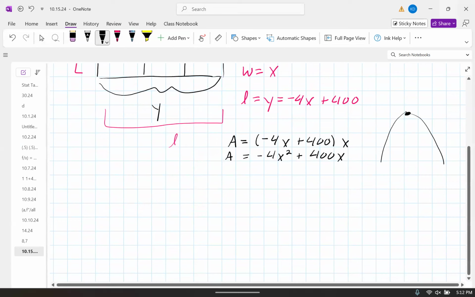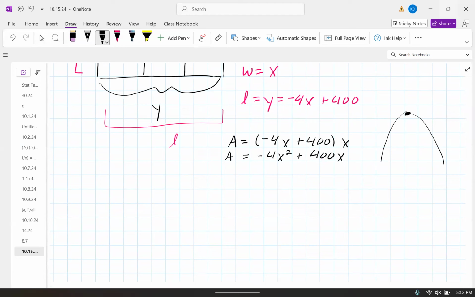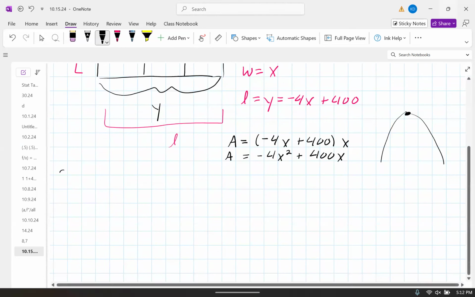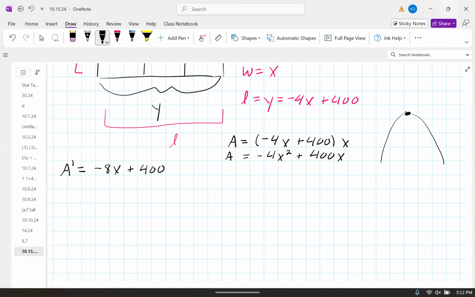All right, we should be really good at finding derivatives. At least I hope so. So find a derivative. I get negative 8x plus 400. Okay, set it equal to 0.